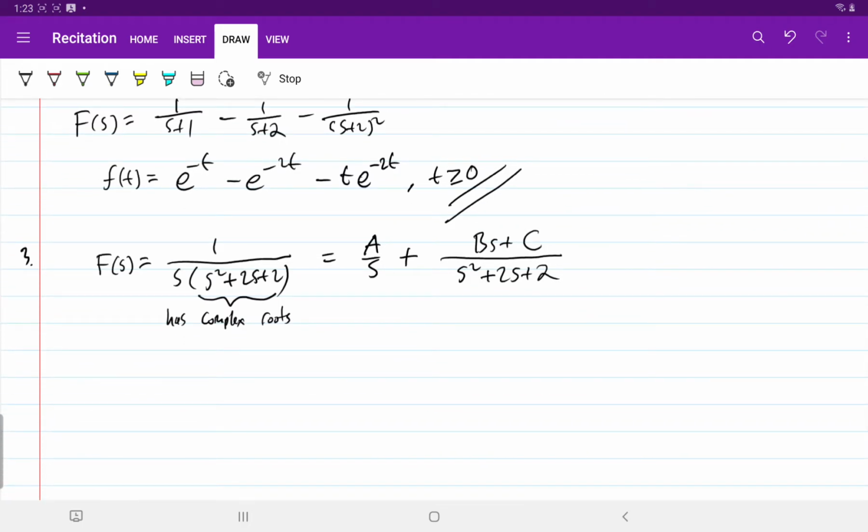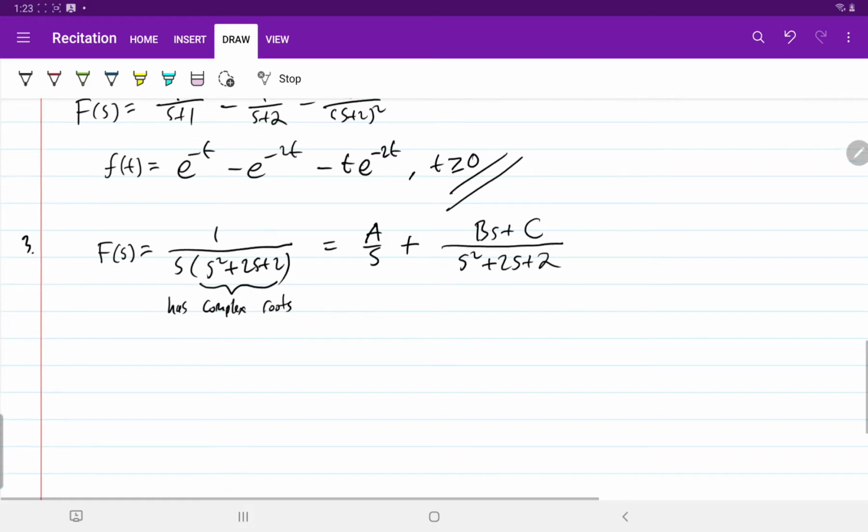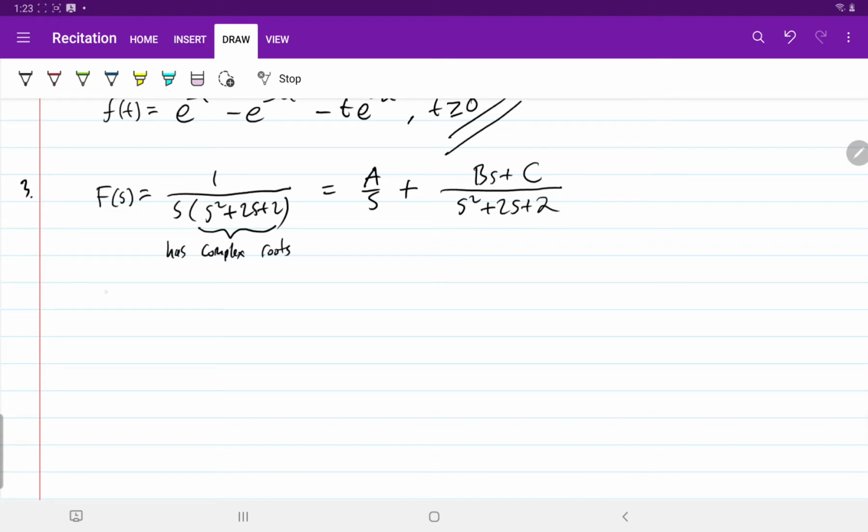Again you just need to find these parameters a, b, c. To find a, you can multiply s with f of s and then substitute s equal to 0. You have 1 over s squared plus 2s plus 2 at s equal to 0. You are left with 1 over 2 or 0.5.